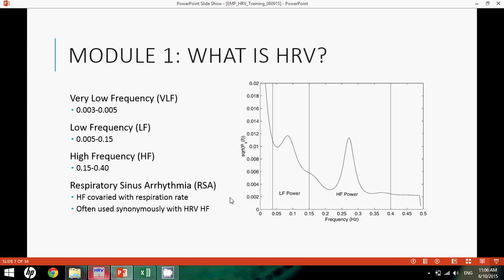So again, you don't need to know all the specifics of this, but I thought I would point this out, since you'll hear about very low frequency and high frequency when you set up your program. Generally, these different frequencies align with a mix of sympathetic and parasympathetic in the first two power domains, and then this last one is mainly parasympathetic activity. And this is where we gather our RSA measurement and HRV high frequency measurement from.